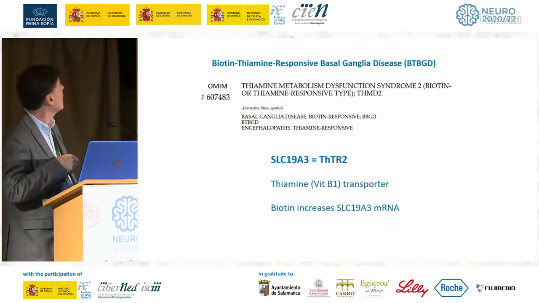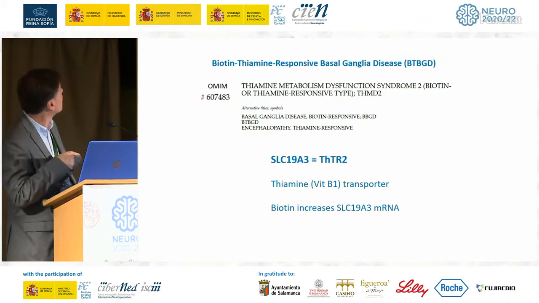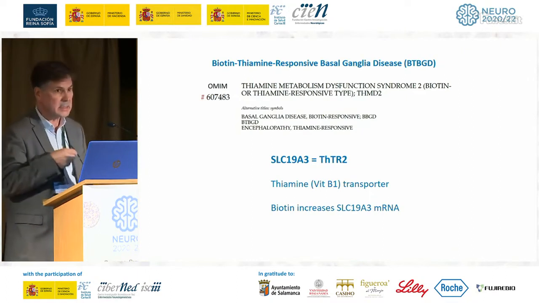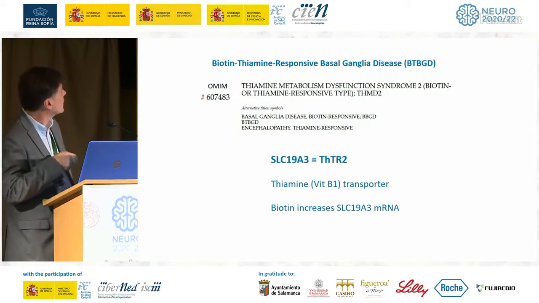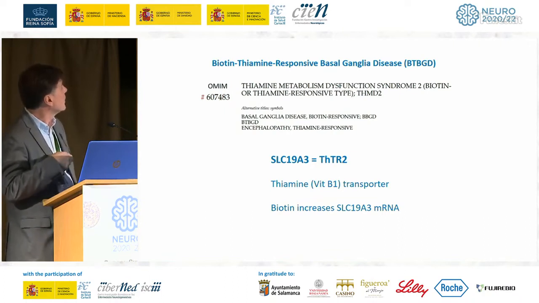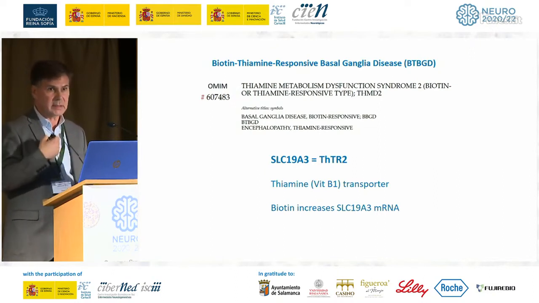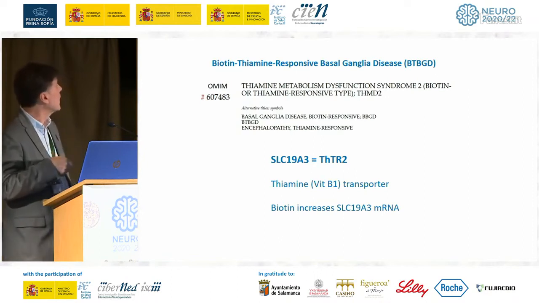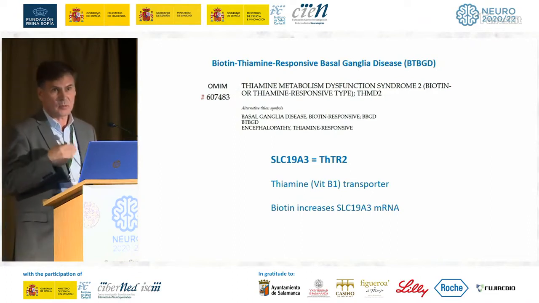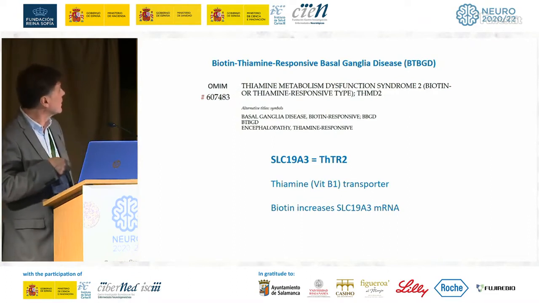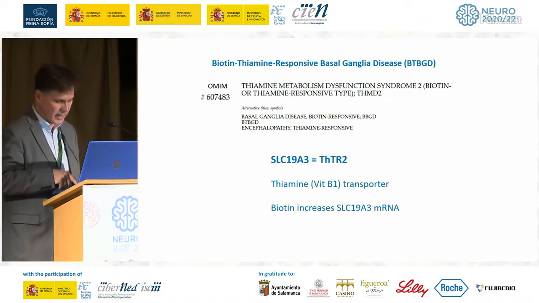The disease is called biotin and thiamine responsive basal ganglia disease, BTBGD, and it responds to high doses of thiamine, or vitamin B1, because SLC19A3 encodes one of the transporters of thiamine, THTR2, and high doses of thiamine compensate the decreased transport, and also high doses of biotin are known to change transcription, including increasing transcription of this messenger RNA.